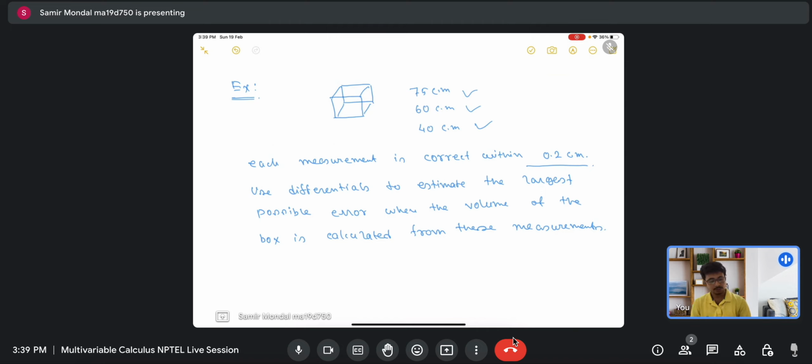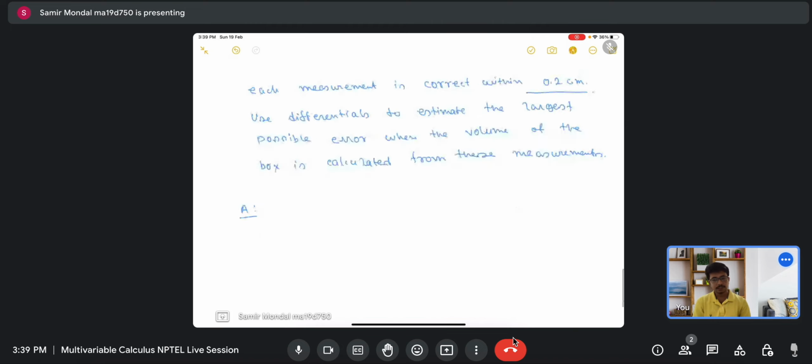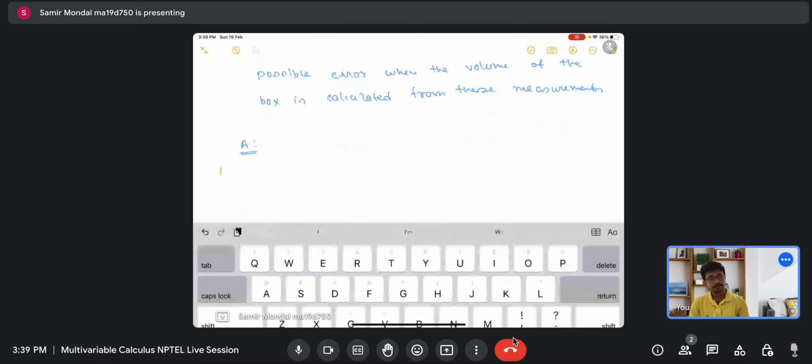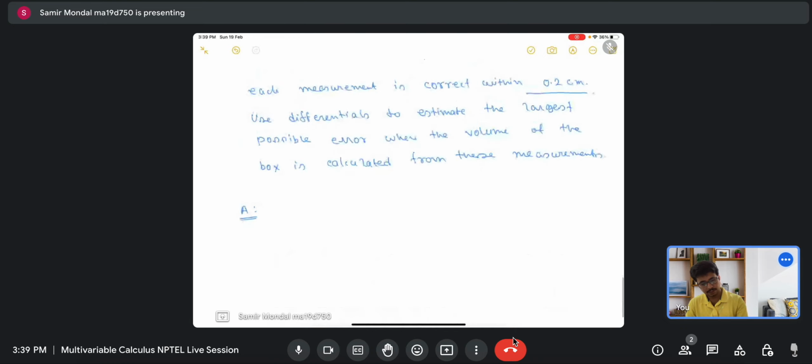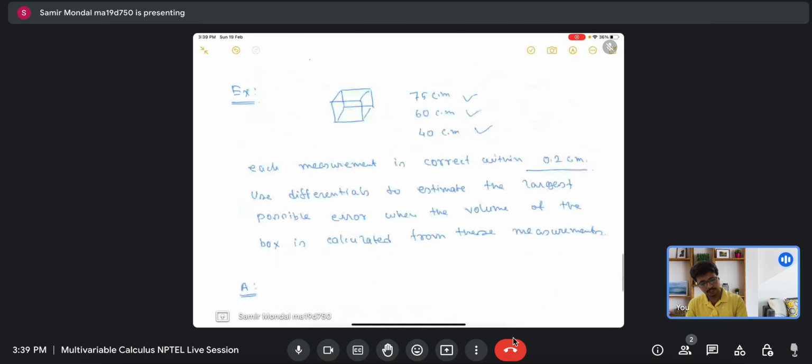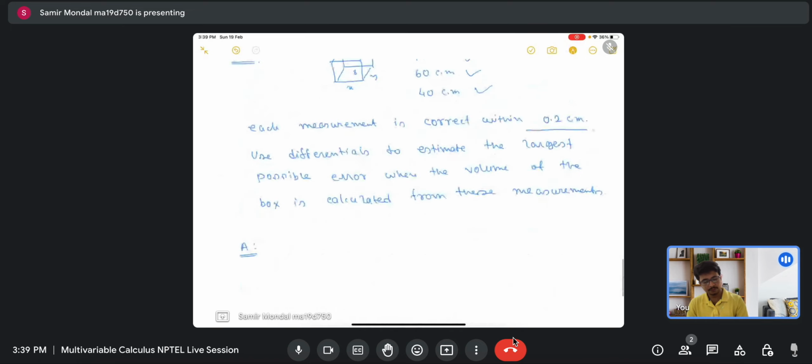So please tell me, what is the formula for the volume of a box? Suppose this is your x, this is y, and this height is z.